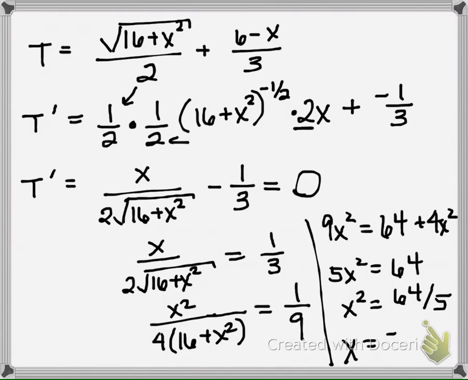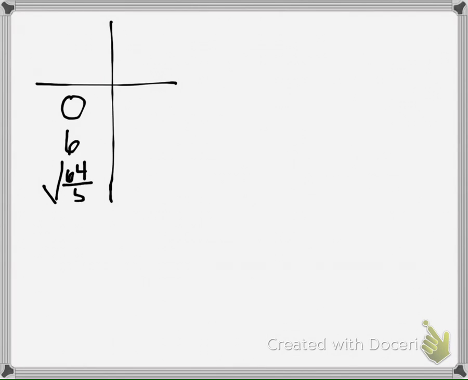And so x equals plus or minus the square root of 64 over 5. This is on our domain from 0 to 6, so the negative wouldn't make sense here. So now we're going to take our endpoints and our critical value. We're going to input them into our time and see what we get.